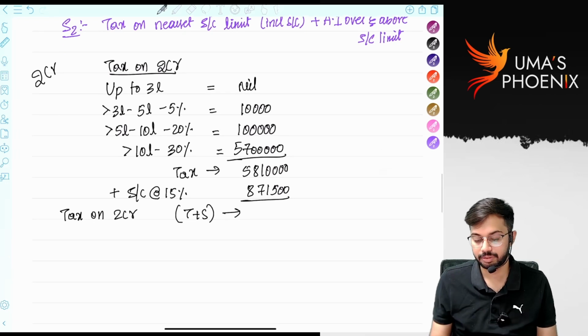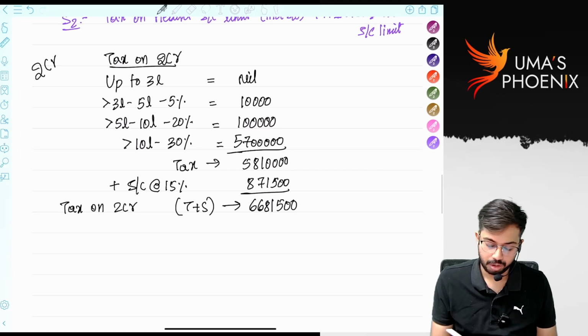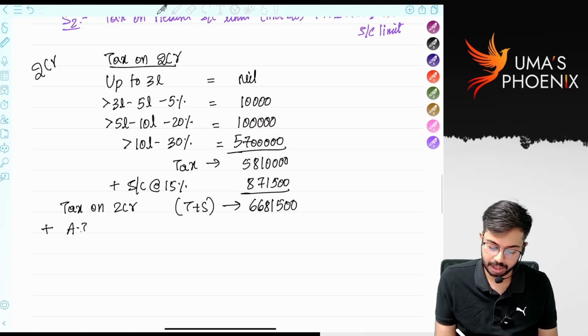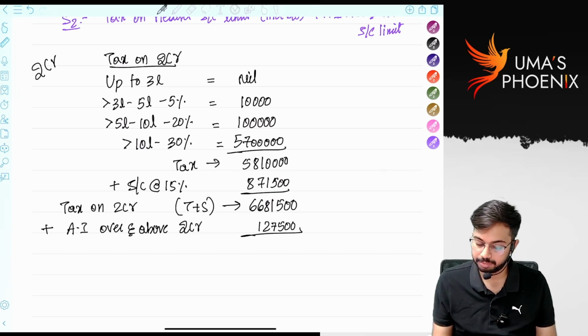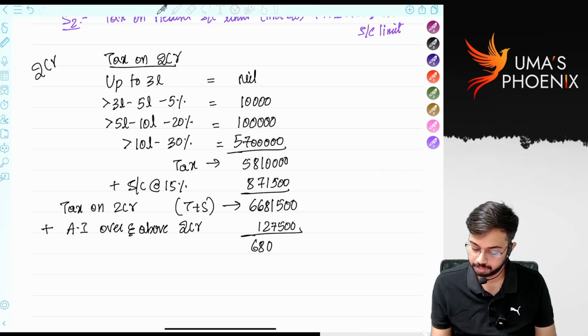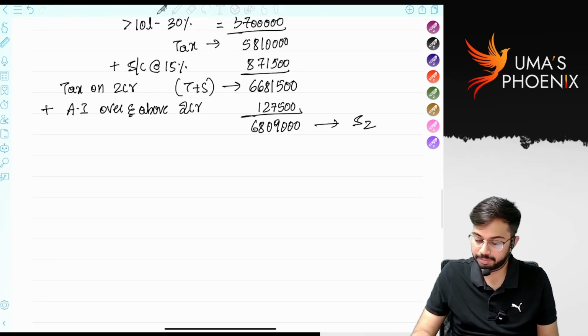How much? To this, we will add additional income over and above 2 crores. How much? How much is total? This is step 2, right? Do you agree with me?